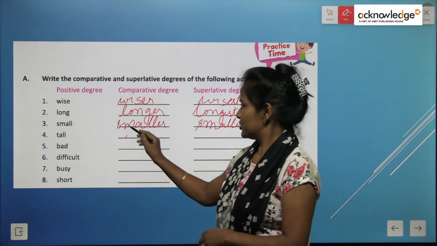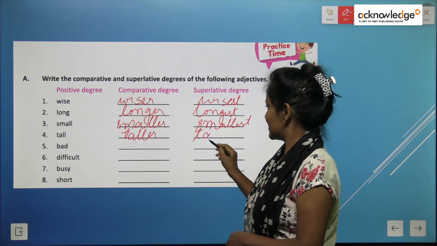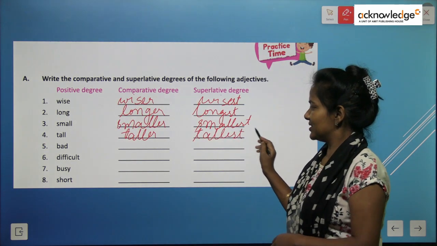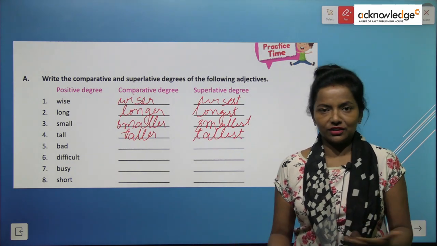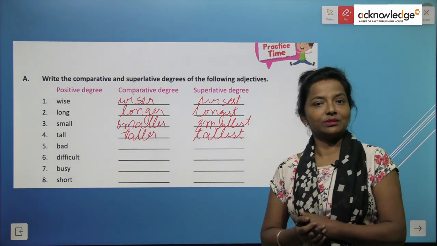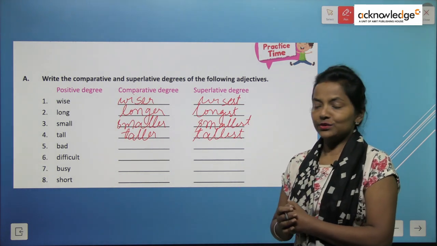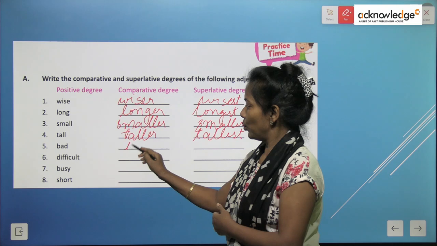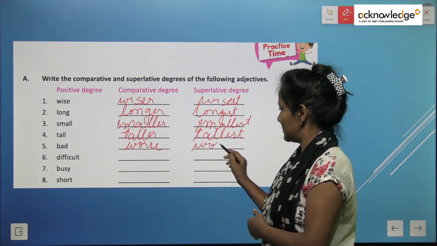Tall, taller and tallest. Bad. Now here, bad, badder, baddest is no word there. So here it is an irregular adjective, irregular form. So in this, bad, worse and worst.